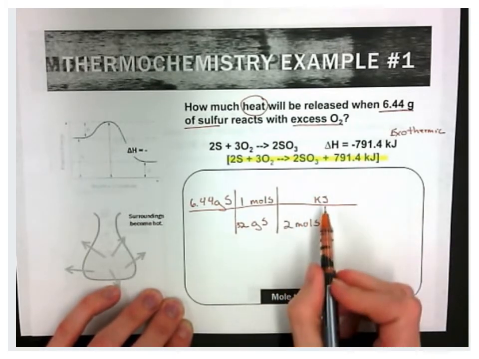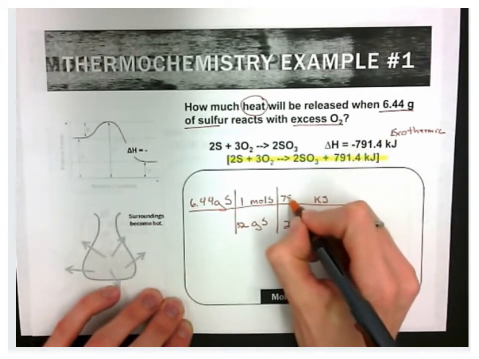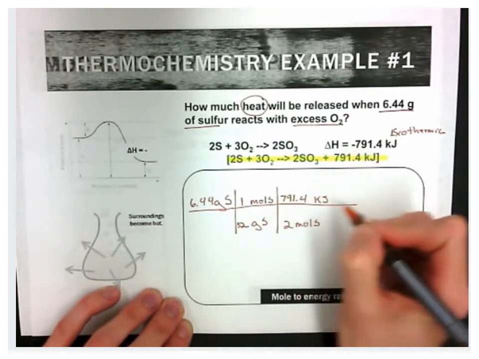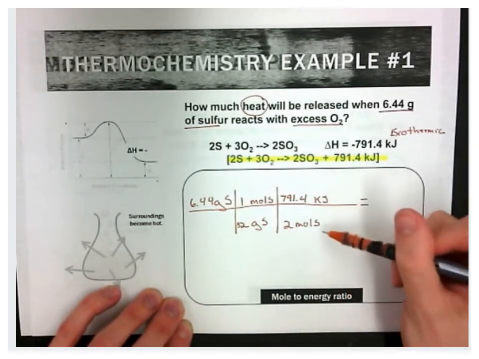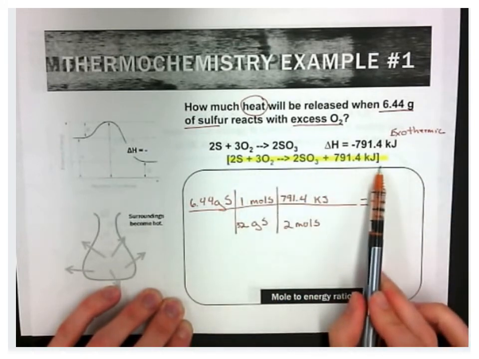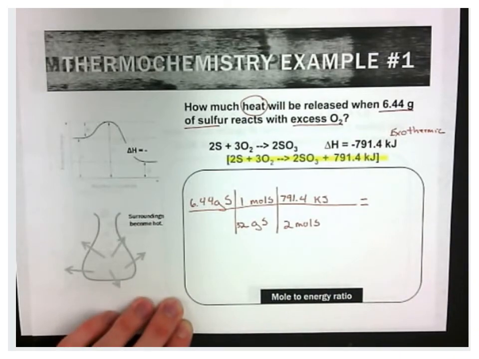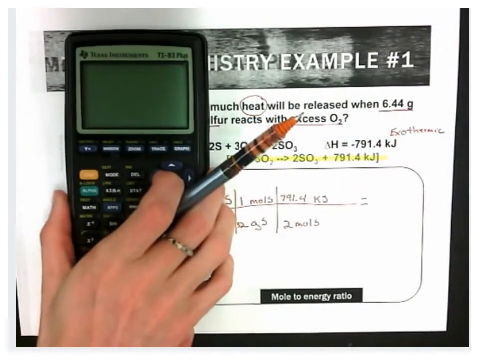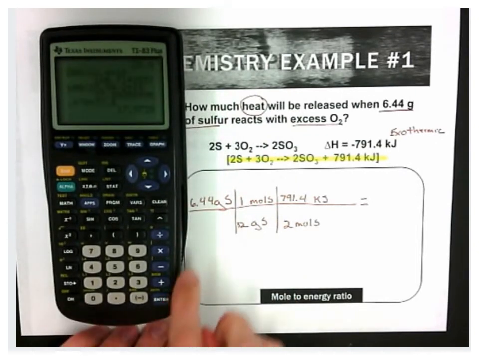But now I have energy. I'm taking that number, it's a product, 791.4 kilojoules. This is a new mole to energy ratio coming from your balanced equation, where your heat is produced in the reaction.